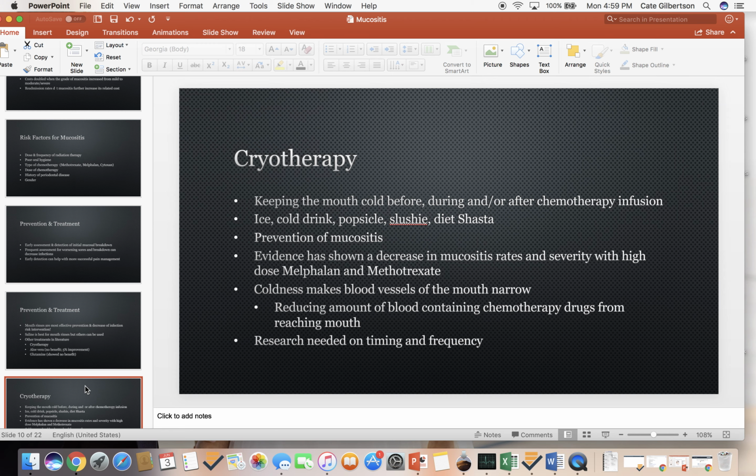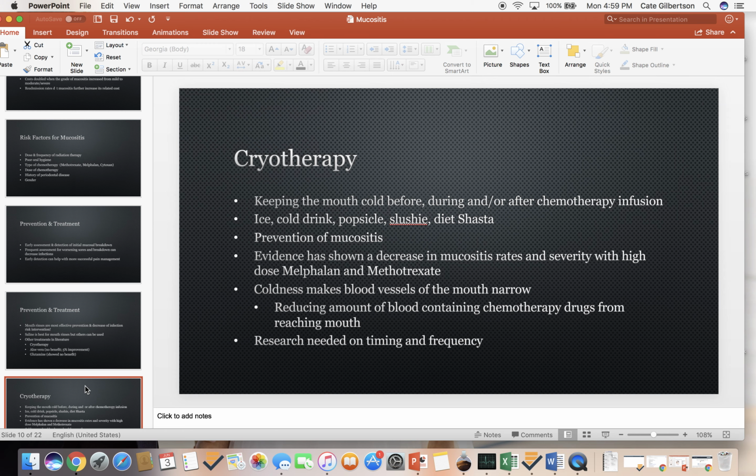The coldness makes the blood vessels constrict in the mouth, reducing the amount of blood containing chemotherapy drugs from reaching the mouth. So if we're constricting those blood vessels, we have fewer blood cells containing the chemicals of chemotherapy and radiation, and thus less of it spreading.